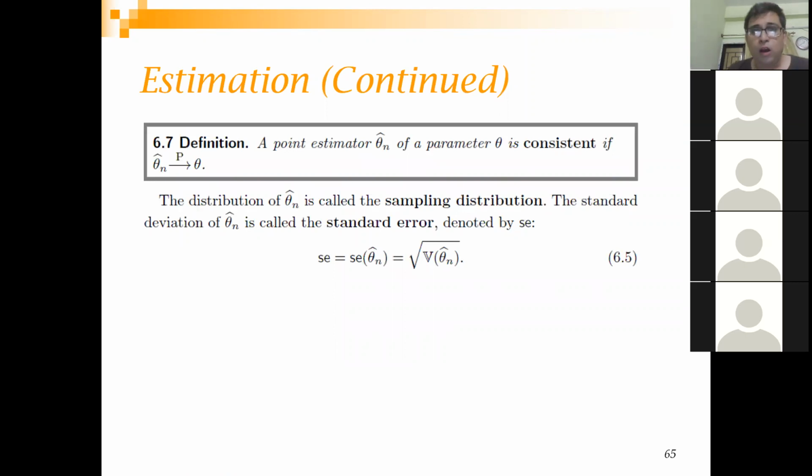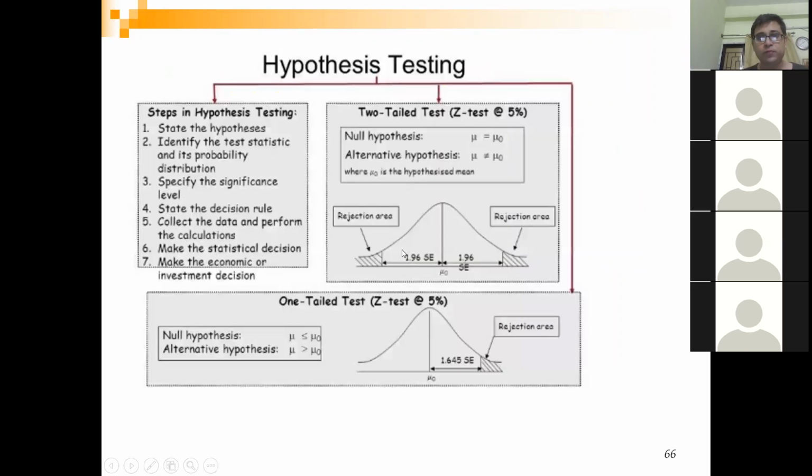Okay, now a point estimator is consistent if, as you increase the number of samples, it converges towards the population parameter. And as we already discussed, the distribution of this sample is the sampling distribution, and the standard deviation of this sampling distribution is called the standard error. Which, if you see, is calculated using the variance only, variance of these estimated values.